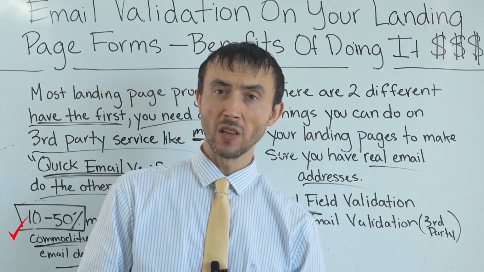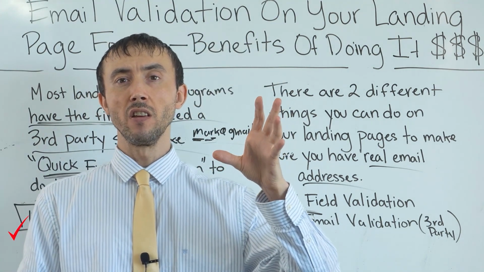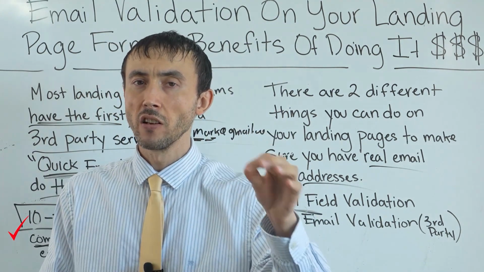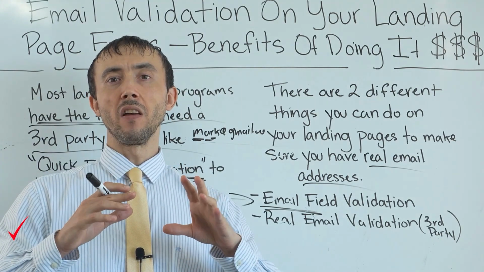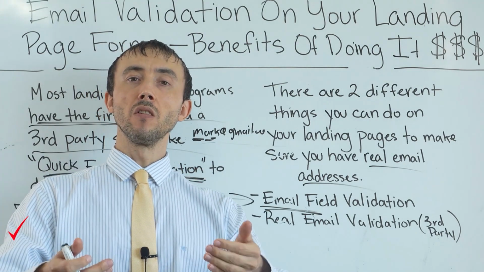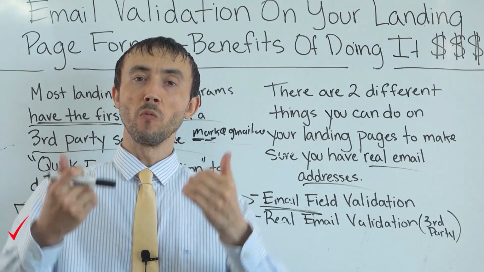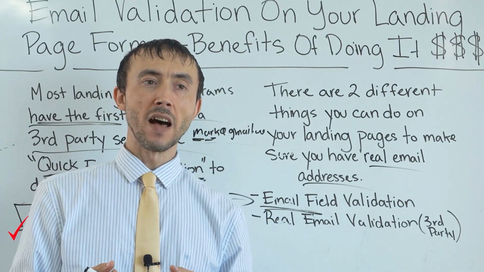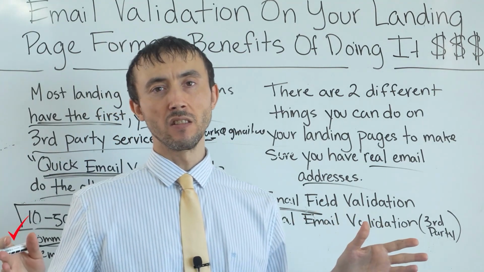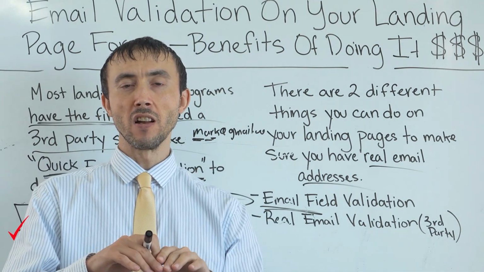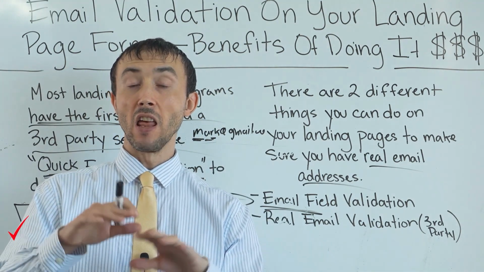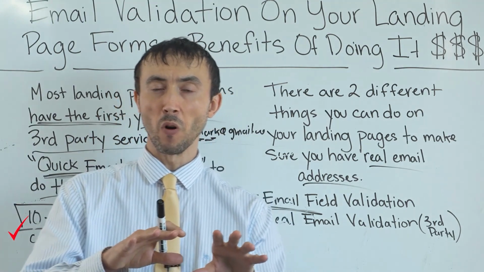On the flip side, if you are a commodity service, if you are a dentist, an attorney, whatever, you will benefit a lot when you get more real emails from the user. A lot of people are going to contact 5 dentists when they try to contact a dentist for the first time, assuming they're the type of person who's going to fill out a form in the first place.